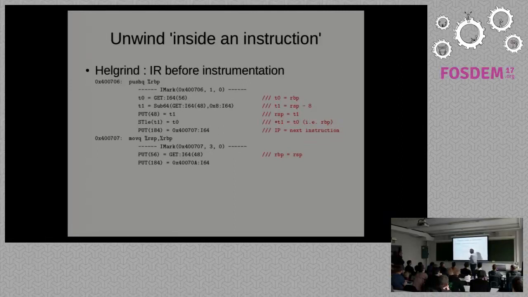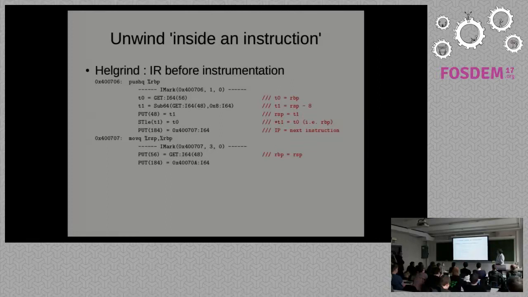So let's see the intermediate representation before optimization. So we have here the push instruction, and we see how this is translated. So we take the base pointer and assign it to T0, we compute the stack pointer minus 8 and assign it to T1, we assign the new value to the stack pointer, and then we store T0 in the new stack location, and then we go to the next instruction.